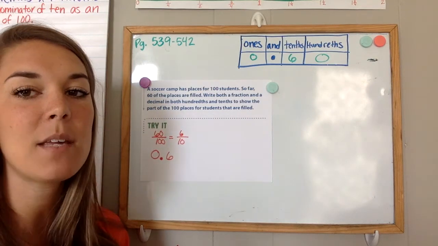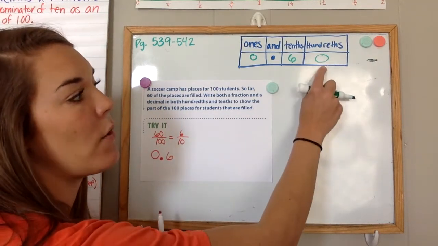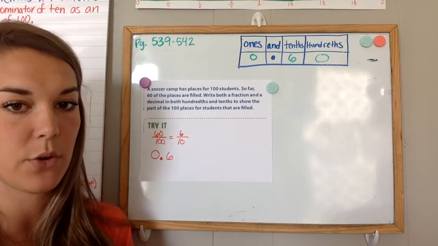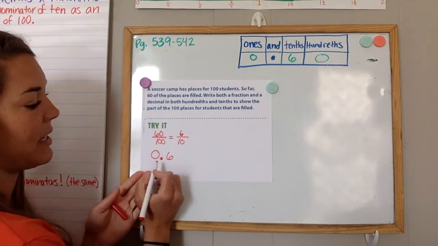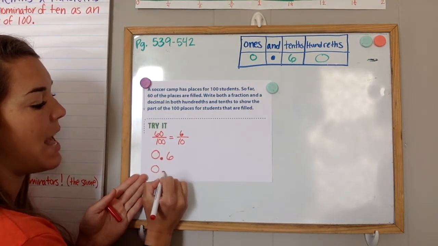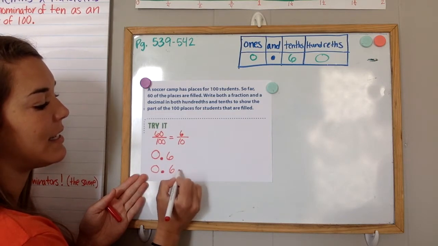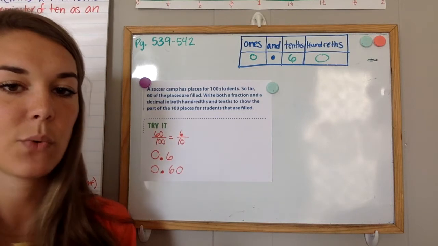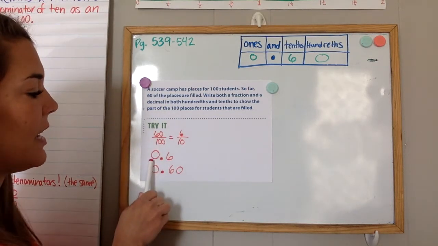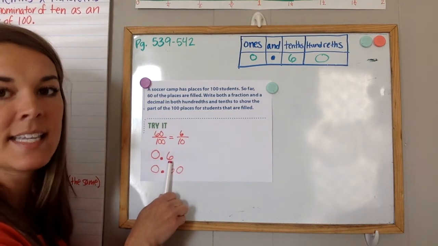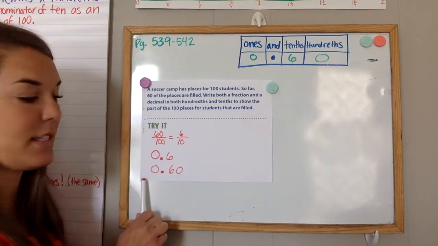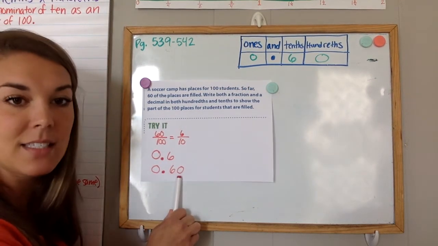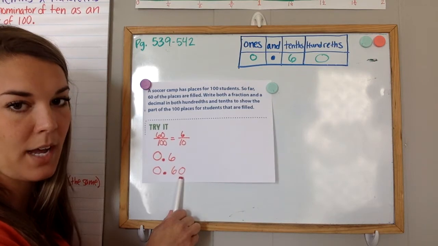If I'm talking about hundredths, it needs to go all the way over into the hundredths place value. So I could also write my decimal as 0 and 60 hundredths. I just want you to know this says 0 and 6 tenths. This says 0 and 60 hundredths.